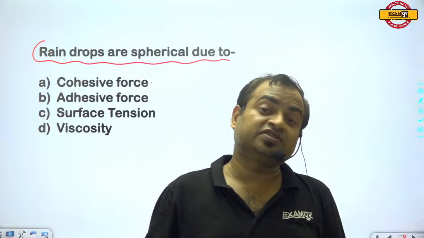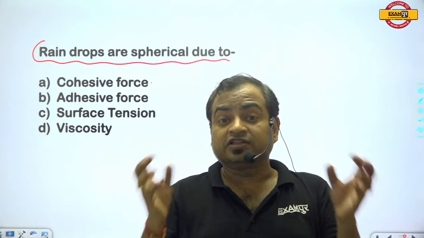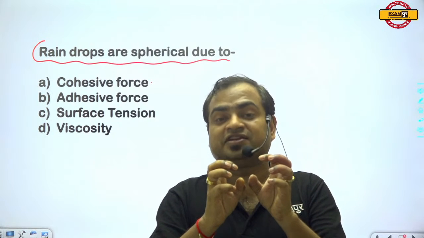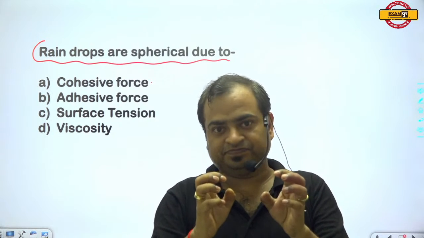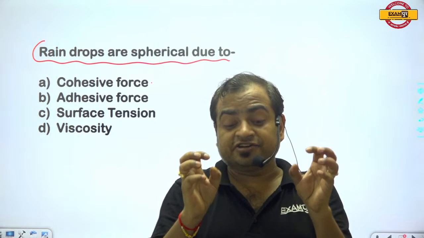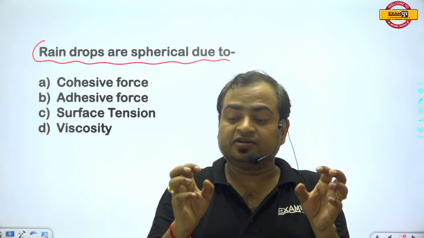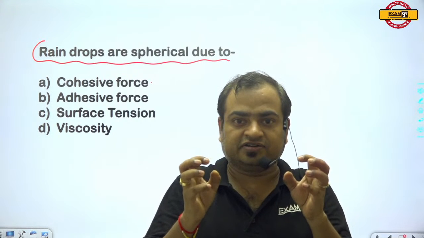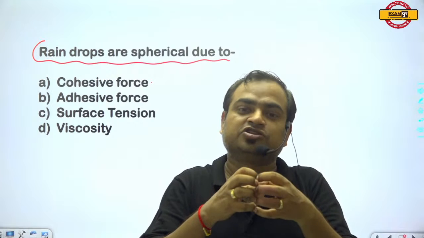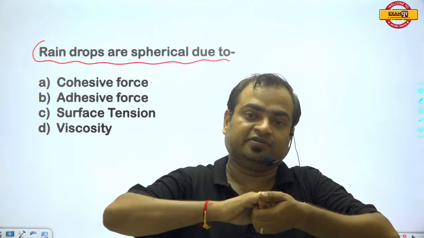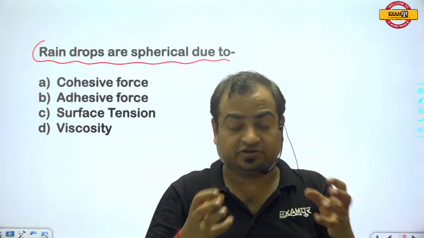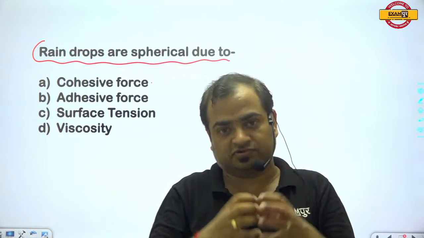In physics, we define cohesive forces as the force of attraction between the molecules of the same material in liquid state. When a material is in liquid state, its molecules attract each other and get connected, and this attraction force is known as cohesive force.